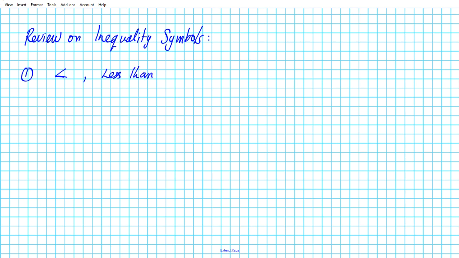If you notice, the orientation of the less than looks very much like an L, so just in case you forget what direction the less than inequality symbol points to, it is just like the L. So for example, if you have x less than a, and you want to graph this on a number line, let's say this is a, x is less than a is going to be an open circle pointing to the left.